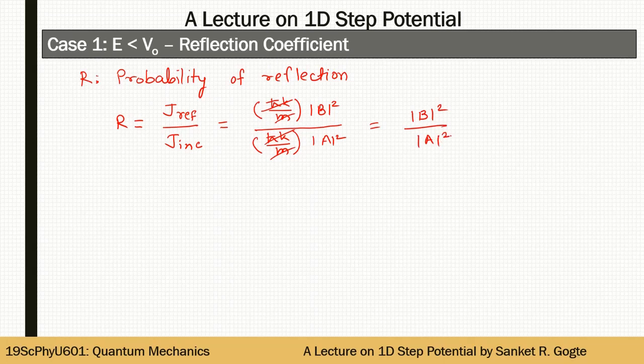So we first have to find B in terms of A to find R, and this can be done with the help of the two equations that we have obtained by using the boundary conditions. Our first equation is A plus B is equal to D, and the second equation is ik A minus B is equal to minus k prime D. Is it correct?